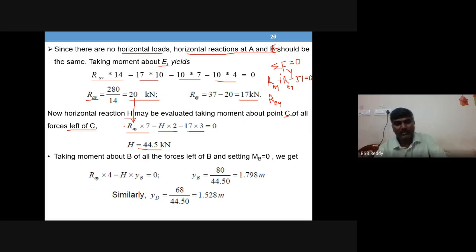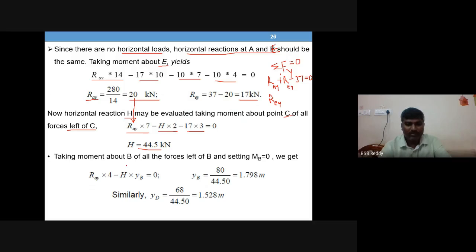Then you take the moment about the point where the geometry is provided to you. So this is how we proceed for this problem.